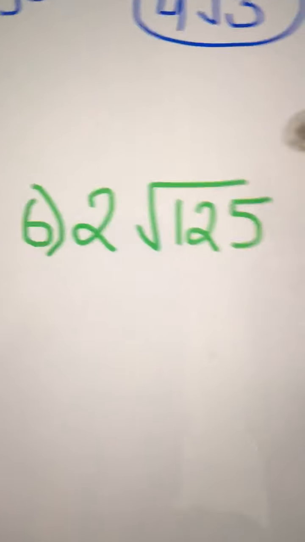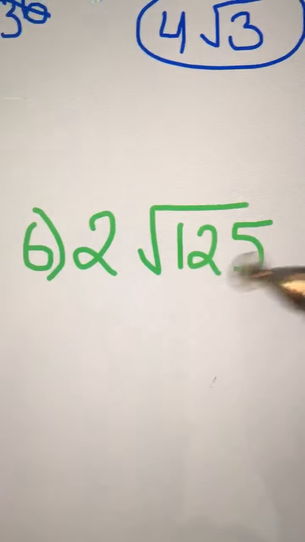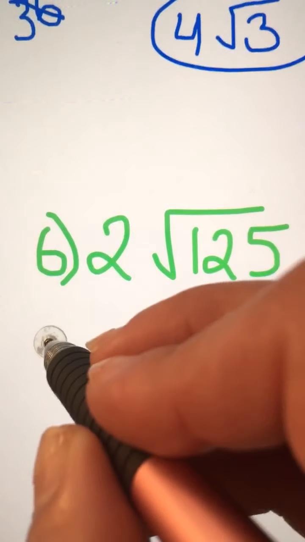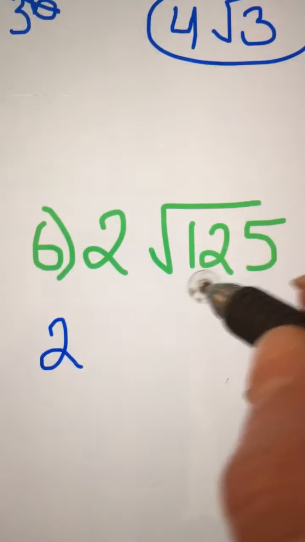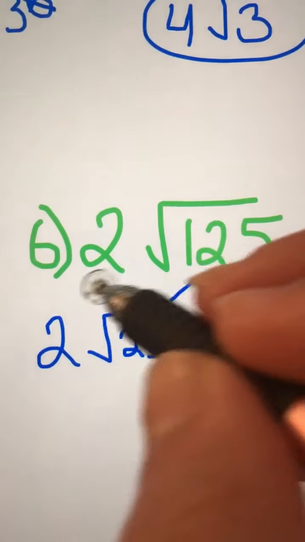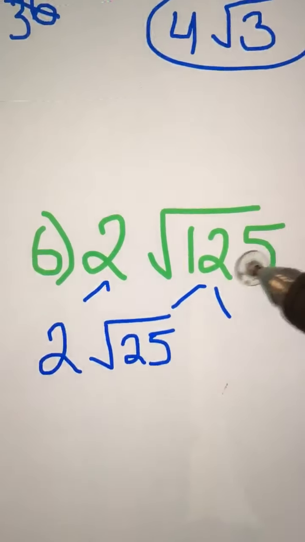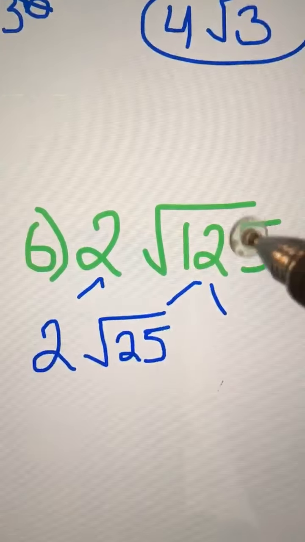And another one like this. So remember I said when you see 25, 50, 75, you can probably divide it by 25. So let's put 2 there, and then the square root of 25. Just bringing down the 2, and then we're breaking this up. And 25 fits into 125 5 times, right?